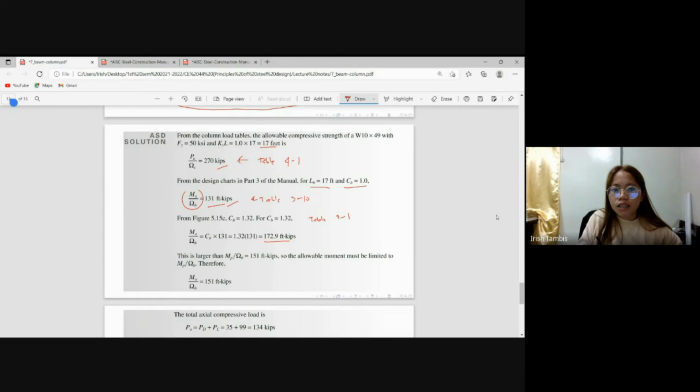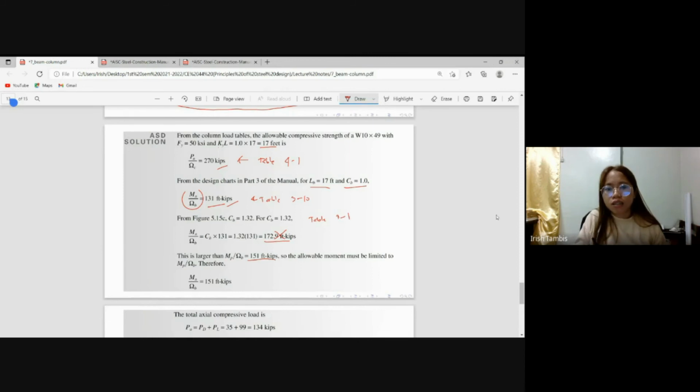And this value is larger than the plastic moment. If we use the plastic moment, which is just equal to 151 feet kilopounds, then this is not allowed, because the plastic moment will prevail. You are capped at the plastic moment. I mean, this is your limit state.